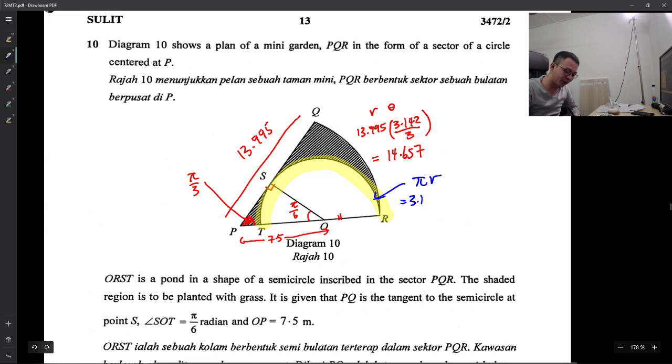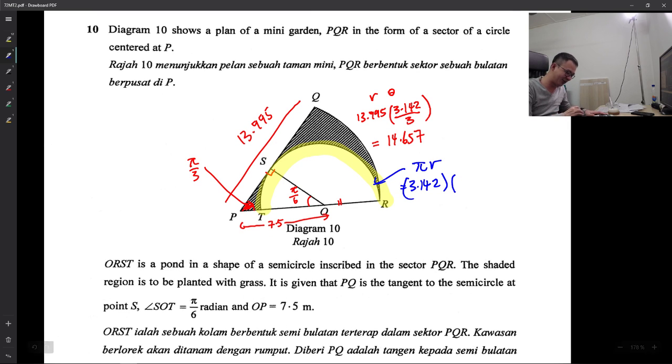Pi will be 3.142. And r, we actually got it, and I'm so smart I erased it. But I still remember it's cos pi over 6 multiply 7.5. Yeah, the radius is 6.495.